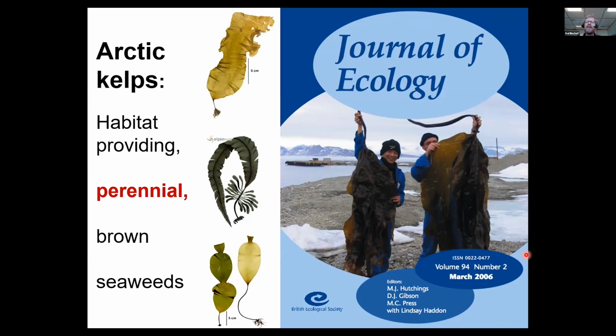Okay, so this was just a very quick impression of what is seen underneath and how seaweeds are dominating the system. These seaweeds are basically brown algae, and these kind of large brown algae we call kelps. They are habitat providing, so they give shelter and habitat to associated organisms. They are perennial plants. This means they are multi-year plants. They're growing over several years, and they grow quite big, as you can see here.